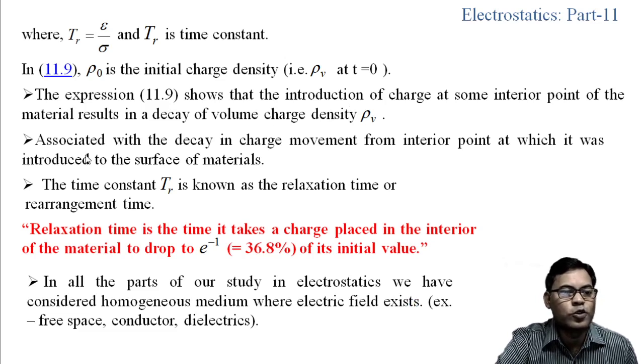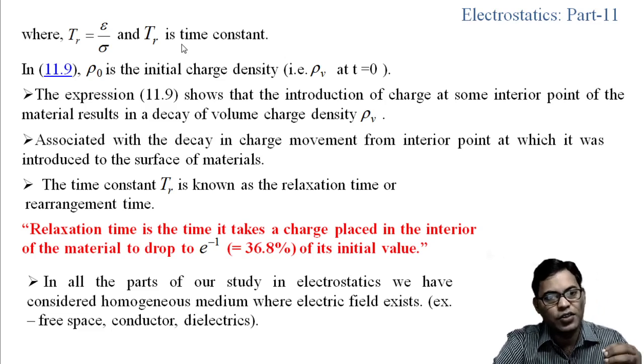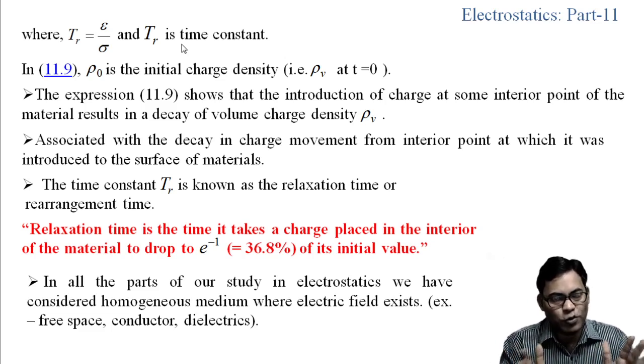Now this shows that associated with the decay is a charge movement from the interior point at which it was introduced to the surface of the material. This time constant TR is actually known as the relaxation time, or it has another name, the rearrangement time. That means the charge which we have introduced at the interior of the dielectric material will rearrange itself and move to the surface, so that the total volume charge density will decay.